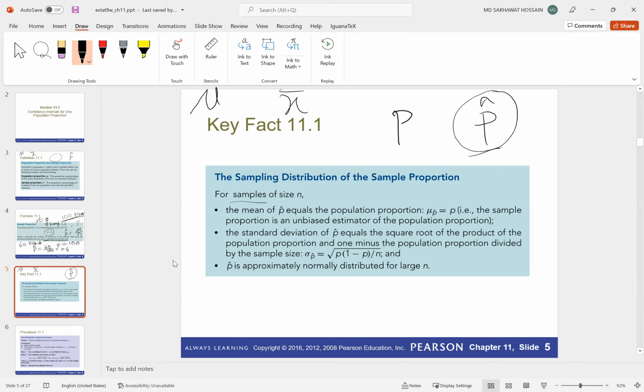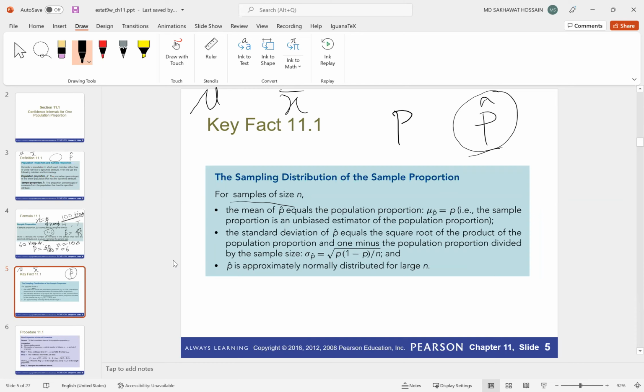For our sample size N, the mean of P hat equals the population proportion. To know a sampling distribution, what do we need first? We need to calculate the mean of that statistic and the standard deviation of that statistic.